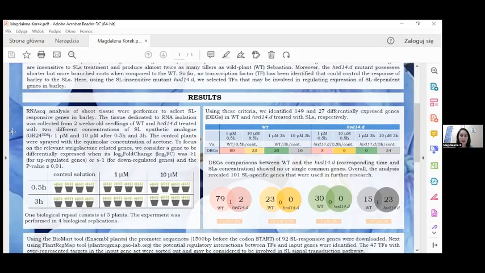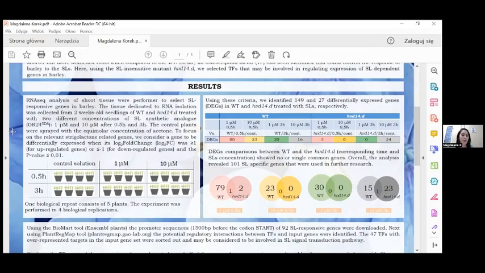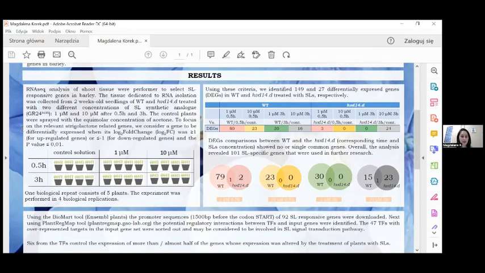Moving to the methods, the first step was the RNA sequencing analysis of the shoot tissue to select the strigolactone responsive genes in barley. The tissue dedicated to RNA isolation was collected from 2 weeks old seedlings of the wild type and, of course, the strigolactone insensitive mutant.